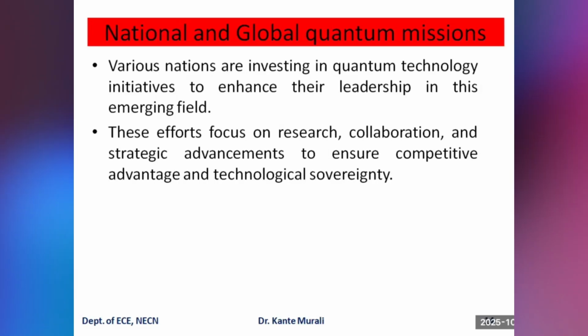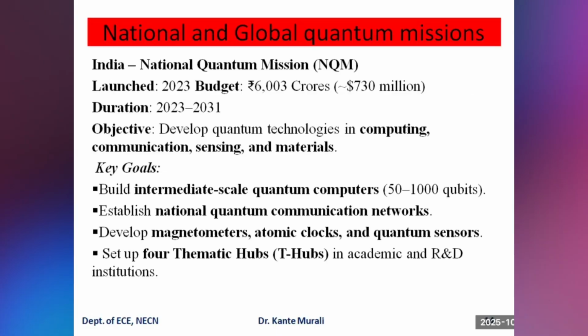Now let us see, by considering all these aspects, what is the present status of quantum computing in various nations. That means what are the initiatives taken by the different nations in the field of quantum technology on research, collaboration, and strategic advancements to ensure competitive advantage and technological importance. Let us see the present status of quantum technologies in India. In India, it is the National Quantum Mission with a 6,000 crore budget, focusing on quantum technologies like computing, communication, sensing, and materials.